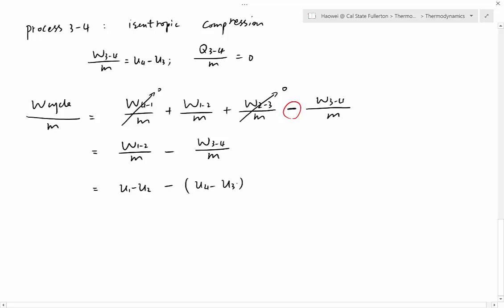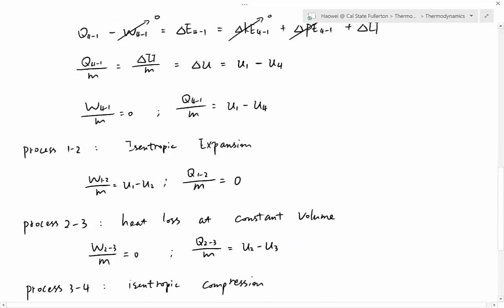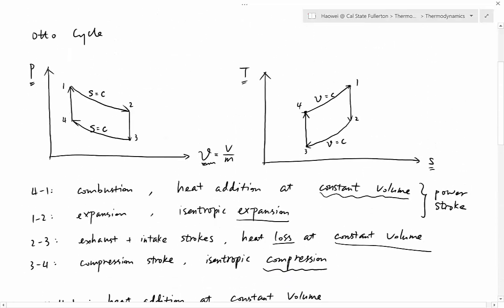Okay, another thing we can talk about is, let's recall the P versus nu diagram. If you have a P versus nu diagram, like the one you are seeing on the left, the area under the curve tells you work per unit mass.